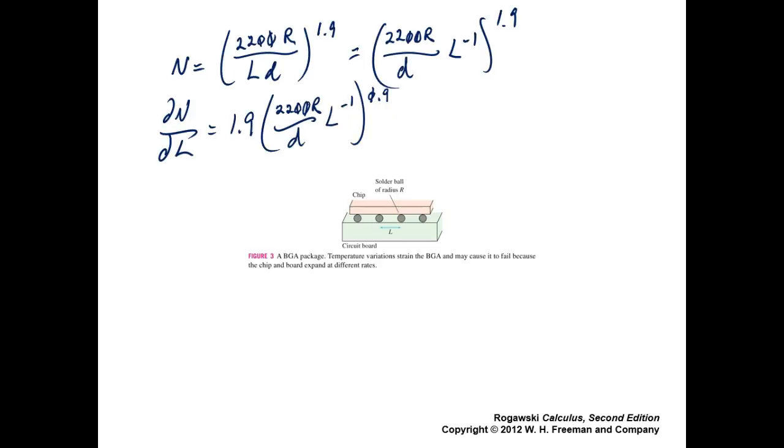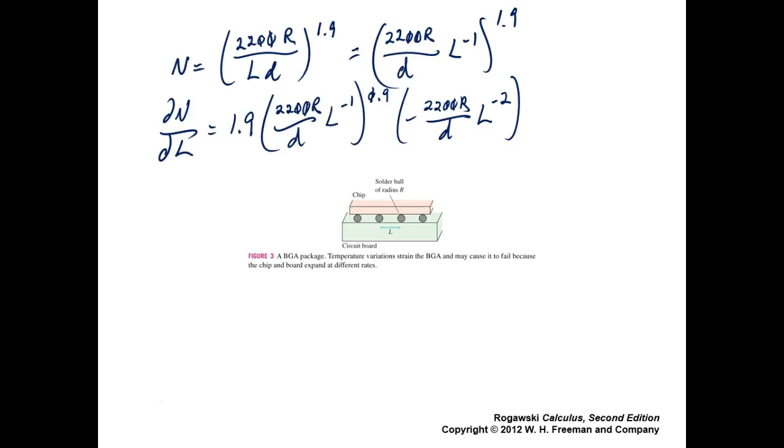Now what do we do? Okay, now take the derivative of the inside, chain rule, with respect to L. What does that give you? Negative 2200R over D, L to the minus 2. Done, right?